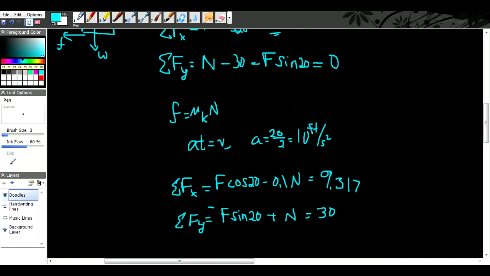If we eliminate the normal force, we can solve for F directly. So let's solve by elimination.